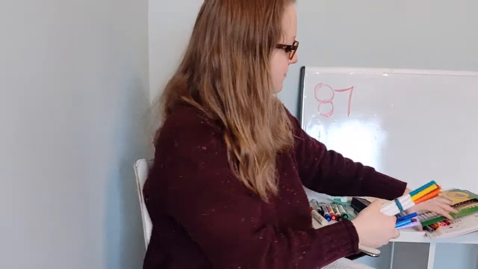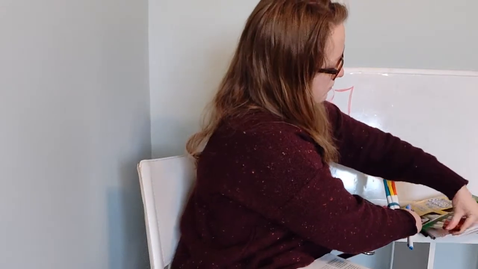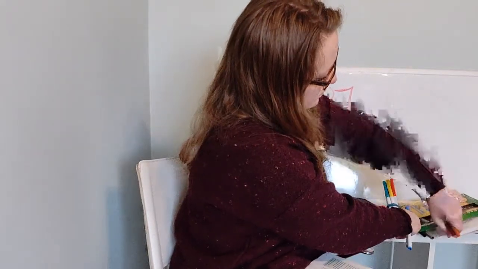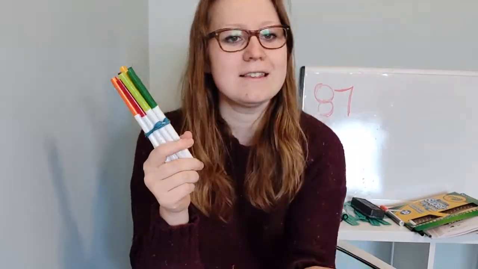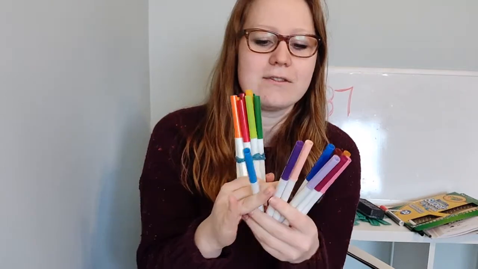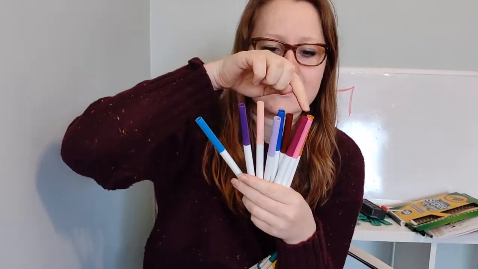Okay, let's try just one more. I still have my one group of 10, and I have, let's count them real quick, 1, 2, 3, 4, 5, 6, 7, 8, 9 single markers.